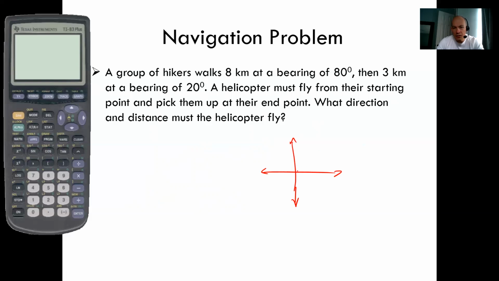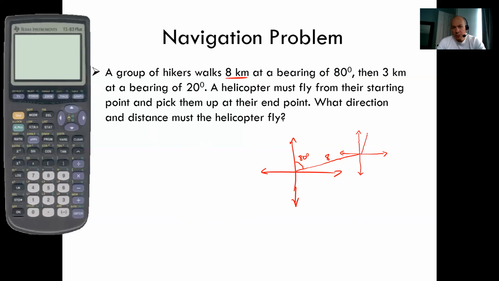So here's our first set of coordinates, and I'm just going to draw like this. I know that's not exactly 80 degrees, but it's close enough. So we go all the way here, and we've walked for 8 kilometers, so I'm going to give that a length of 8. And then over here, I'm going to sketch another set of axes because at this point I need to measure 20 degrees from north. So we're going to go up 3 kilometers.